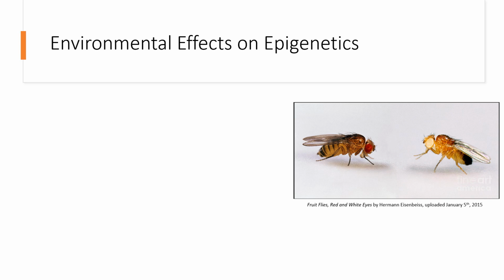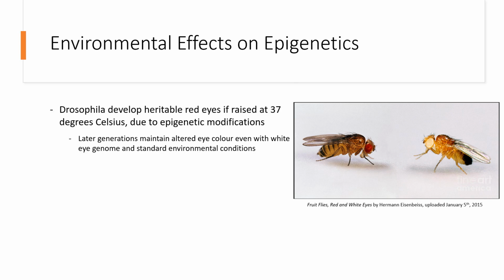Next, we will talk about some ways in which environmental conditions can influence epigenetics in an organism. We will look at two examples where this has been shown to produce heritable changes to the epigenome of an organism. First, looking at Drosophila, we can see an example of a heritable epigenome change in flies who developed red eyes when raised at 37 degrees Celsius.